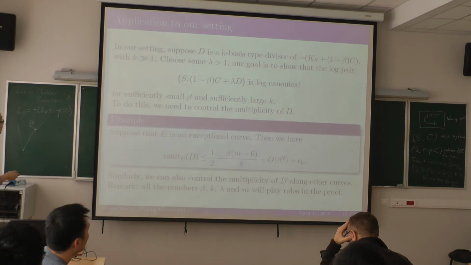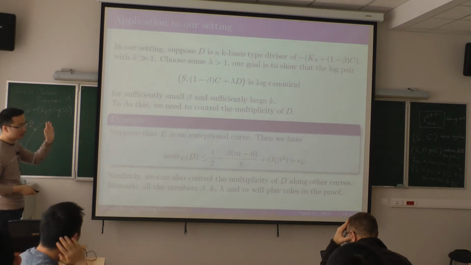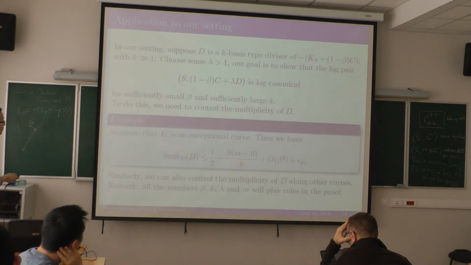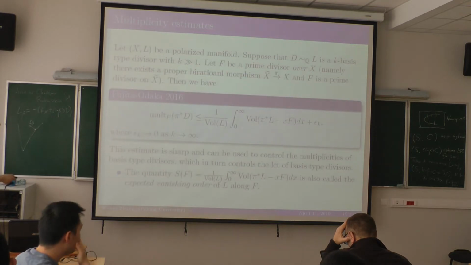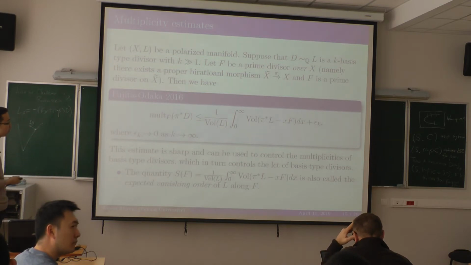And the thing is, we use these multiplicity estimates, and this is an example. Since we have done many blow-ups, there are many exceptional curves. For instance, we can control the vanishing order along exceptional divisors by just using the formula. It's an elementary computation, but one needs to be careful because in this computation of volume, if the number x is large, then it's possible that this divisor is no longer nef.